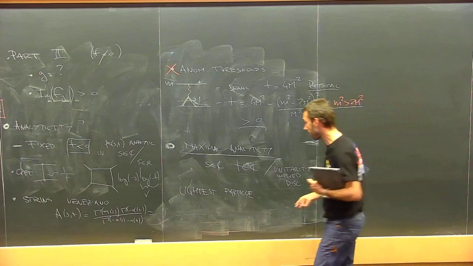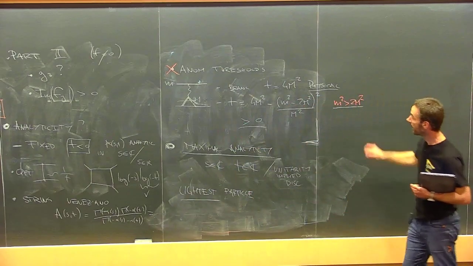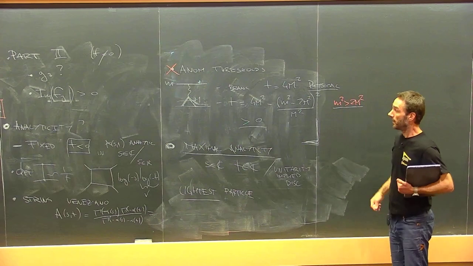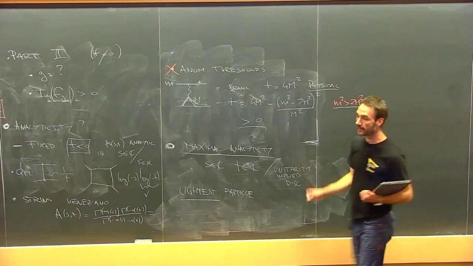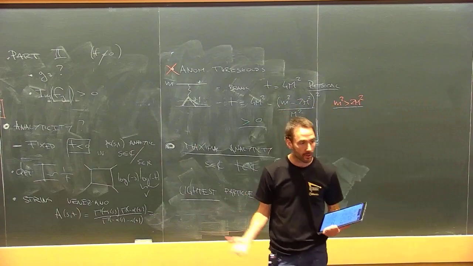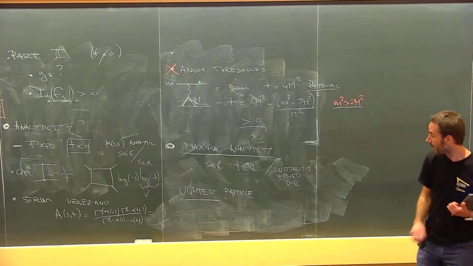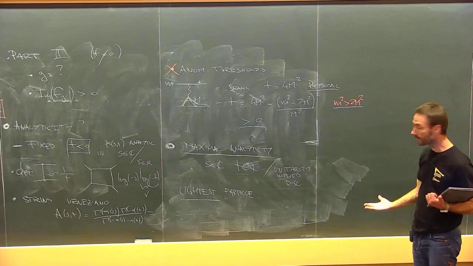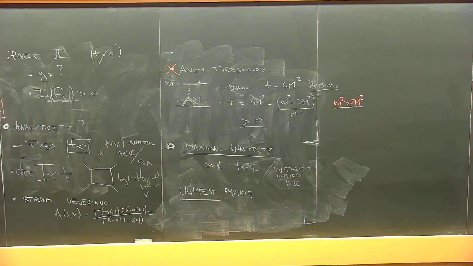But if you are strictly asking that your scattered particle is the lightest, then you're not going to meet this anomalous threshold. This is not something that was proved with the same rigor as other statements in this business, but it was not disproved either. So there is evidence that this is there, for the lightest particle, the maximal analyticity assumption. Yes? Are the quantum numbers such that M can decay into 2 capital M?